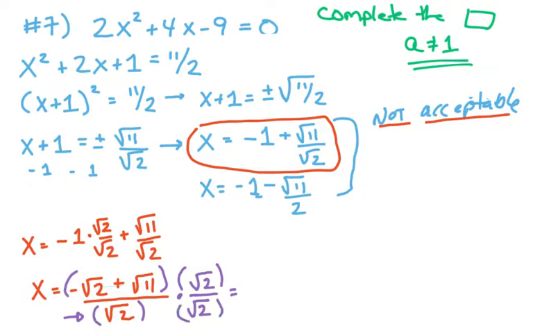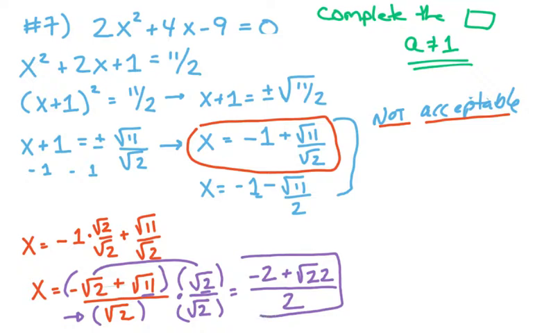Square root of 2 times the square root of 2 is simply 2. Where you need to be particularly careful is multiplying the numerator. Square root of 2 times the square root of 2 is 2, but we have a minus sign, so this is minus 2. And then I have the square root of 11 times the square root of 2. That's the square root of 22. So that is one of my answers.